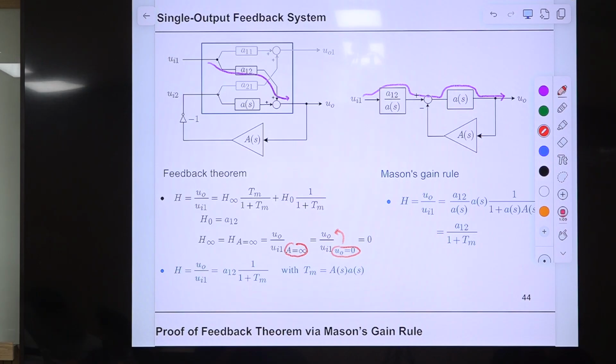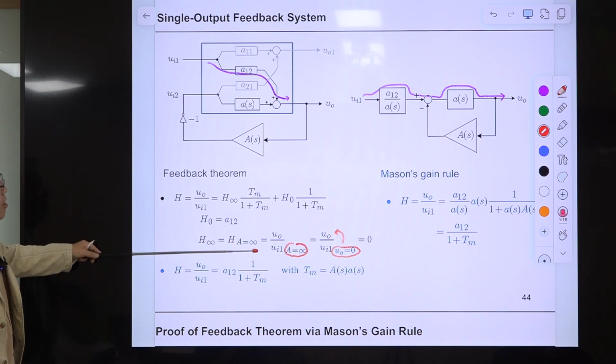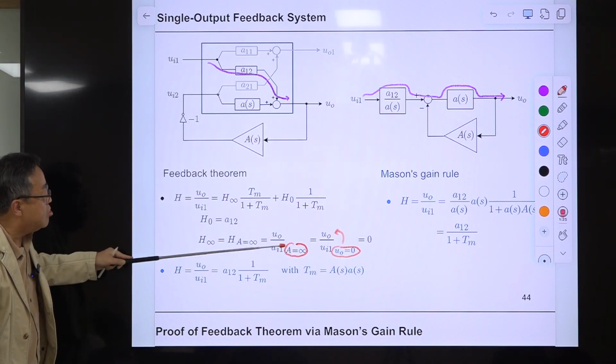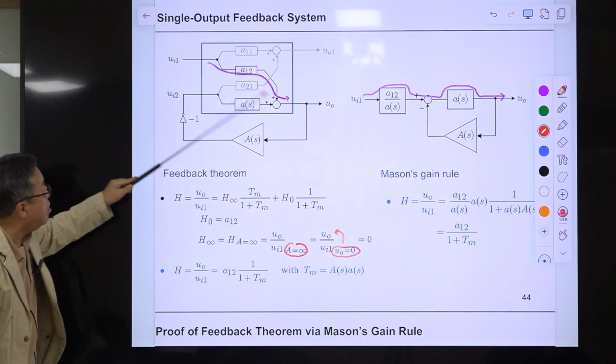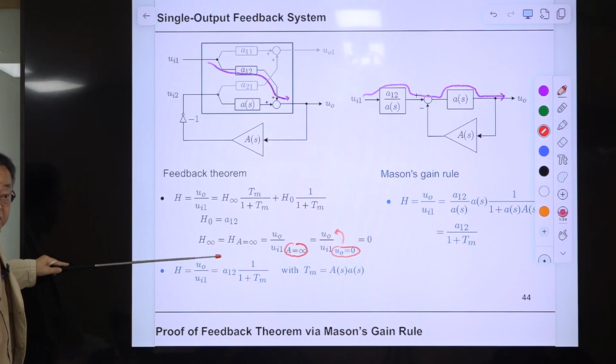A12 is the gain, and H infinity is the transfer function with A being infinity. That is the same as this port becoming 0. Okay, so we are evaluating from here to there, but this one is 0. That means this H infinity is 0.